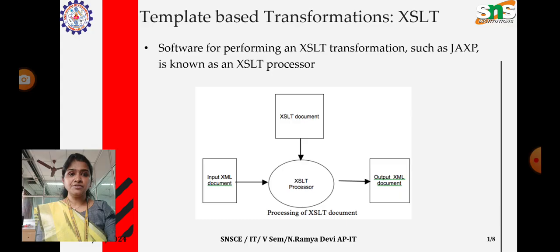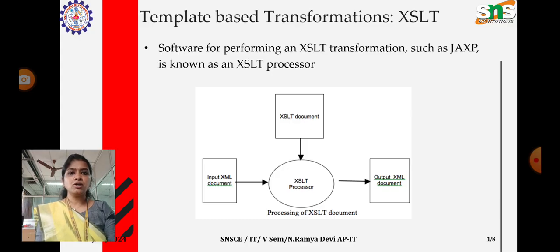Here, first we will give an input XML document into an XSLT processor, and then the XSLT document is also loaded into that XSLT processor and it will process the XSLT document. So the XSLT processor has two inputs: the XML document and the XSLT document.